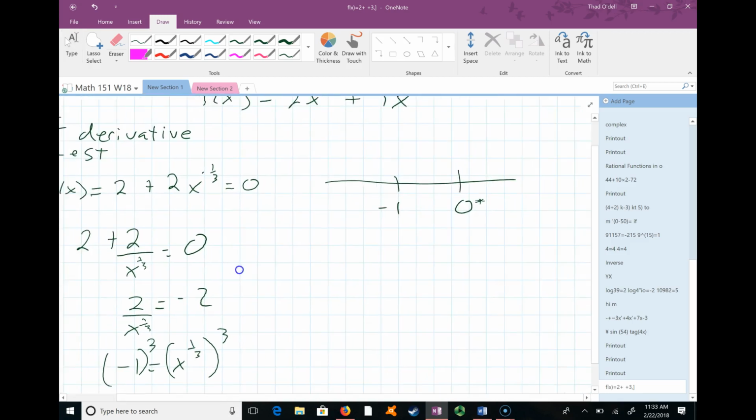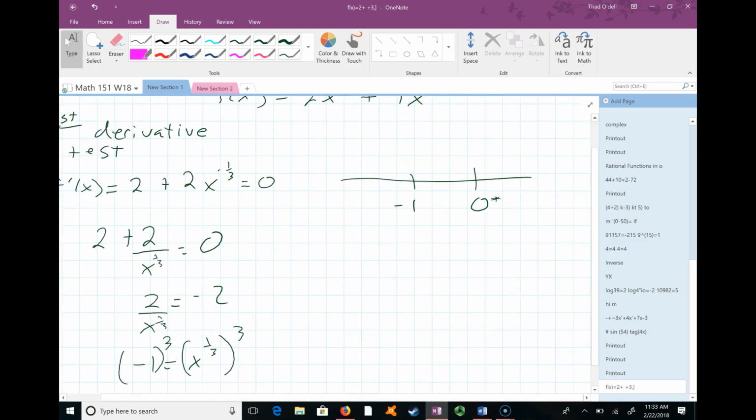Now we've got to check what it's doing. To the left of -1, I'm going to plug into the derivative because I'm testing for slope. If I plug in, say, a negative 100, this is going to be a fraction, so it would be like 2 over the cube root of 100.